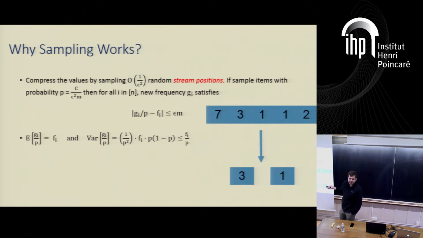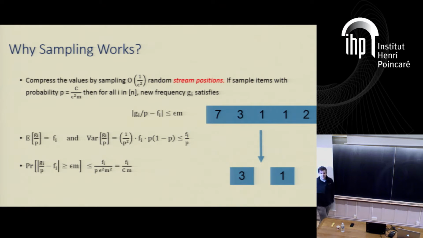So now just apply Chebyshev's inequality. What's the probability that g_i over p minus f_i is larger than additive epsilon m? It's at most the variance f_i over p divided by epsilon squared m squared.